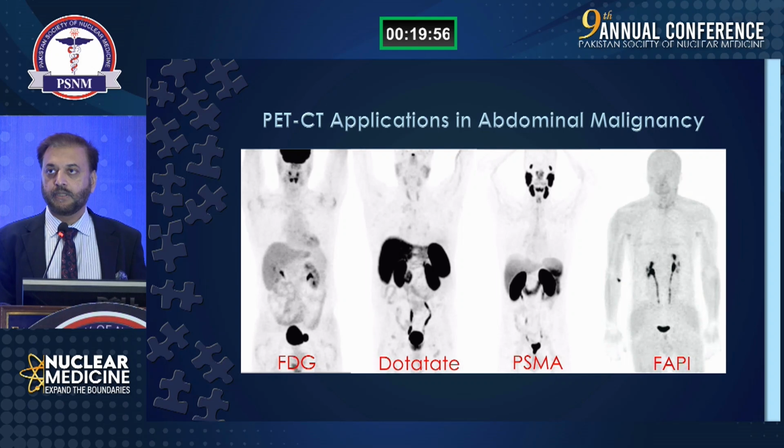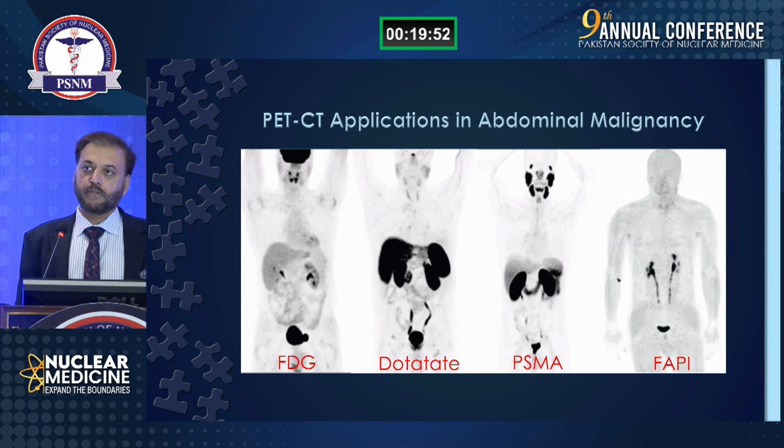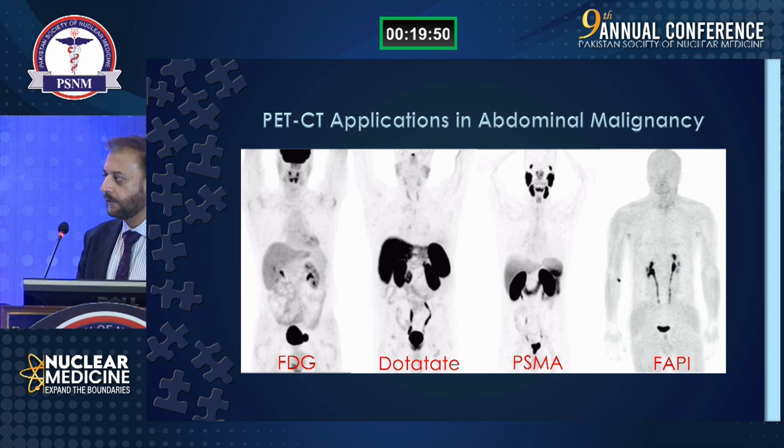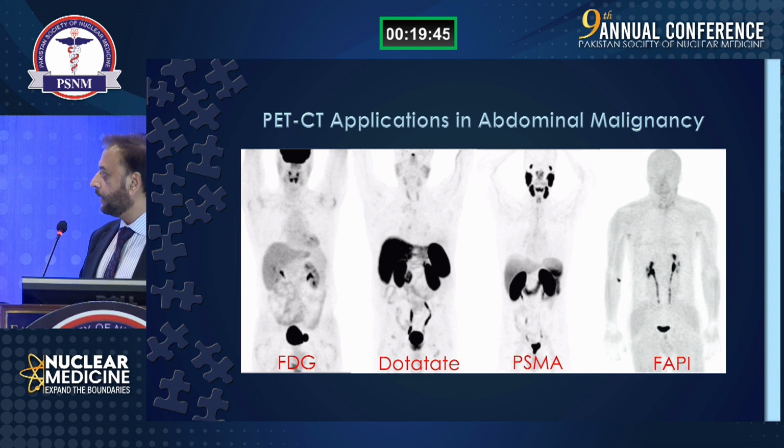But thank you anyway. So, my talk will be about PET-CT in abdominal malignancies, and since the topic covers a lot of malignancies which arise from different organs in the abdomen, I would be focusing more towards the one that has been approved by the clinical guidelines, touching upon a few of the novel radiotracers in abdominal malignancies.